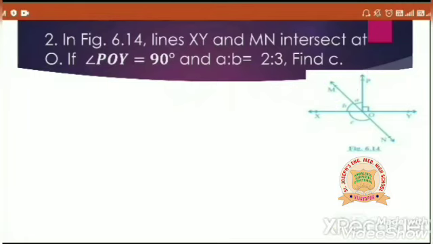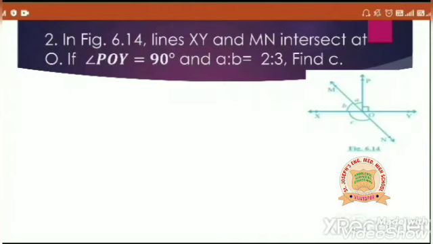So how to find this? The question arises, what are we going to take first and what second? We have to solve it according to what we have got and what we need to find out. We need to find angle C. First we write what we have got, then what we need to find.